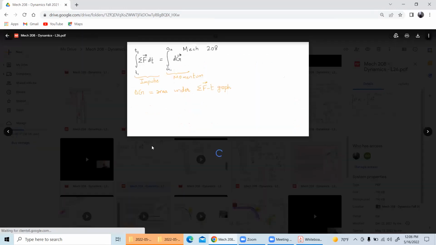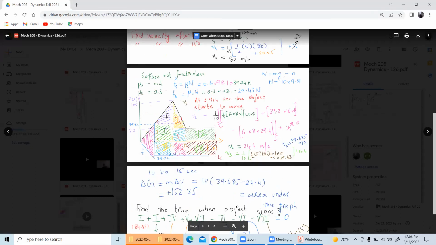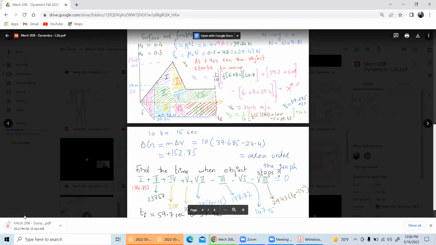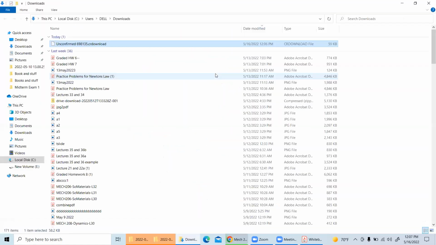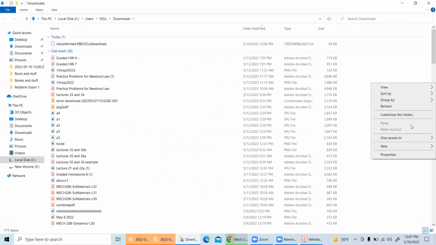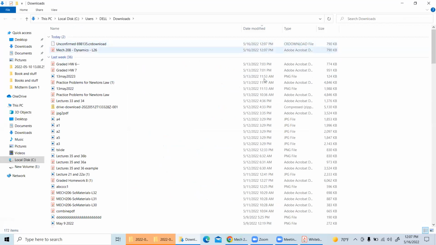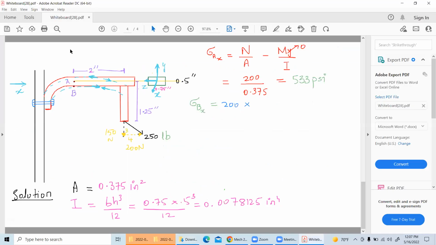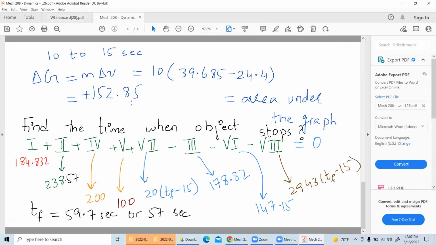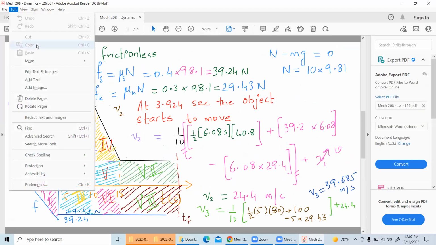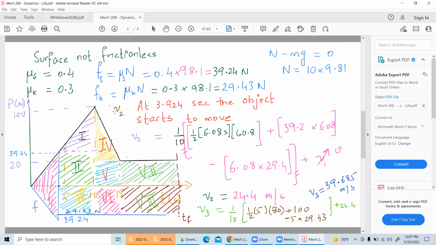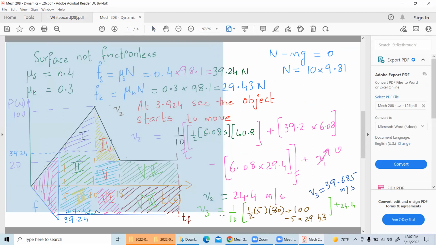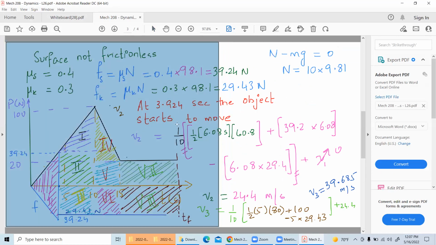Yeah, this is the problem. The problem says, yeah, this is the problem. Don't look at the answers, please. Take a snapshot. What is that? I will tell you. Okay, this will really challenge the imagination.